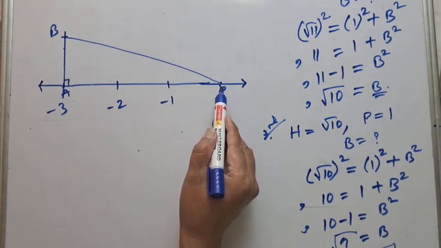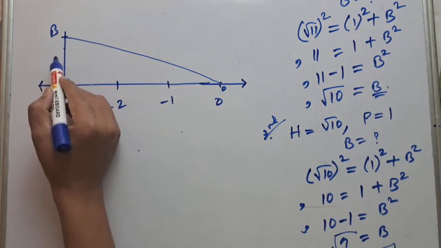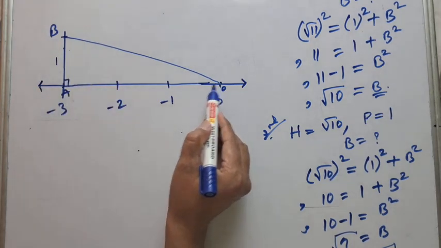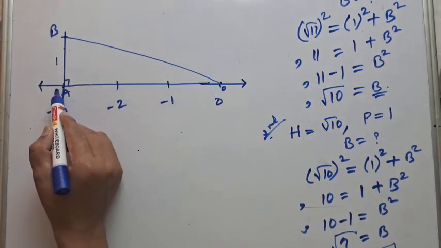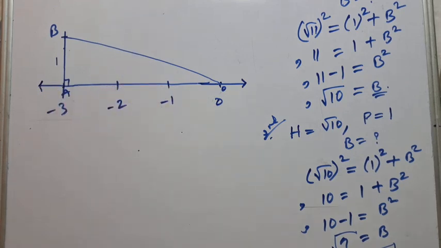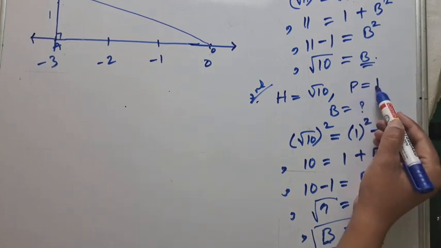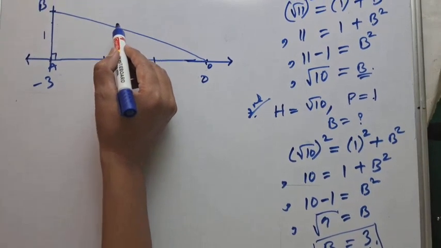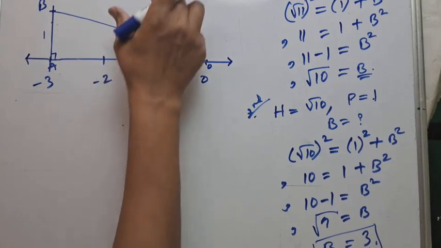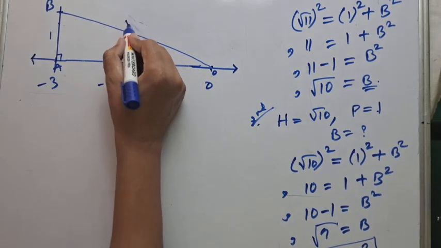Okay, so this is 3 units long base, perpendicular is 1 unit, 1, 2 and 3, isn't it? So what is hypotenuse? When base is 3 units long and perpendicular is 1 unit long, hypotenuse is root 10. This is hypotenuse, this is root 10. Okay, root 10.